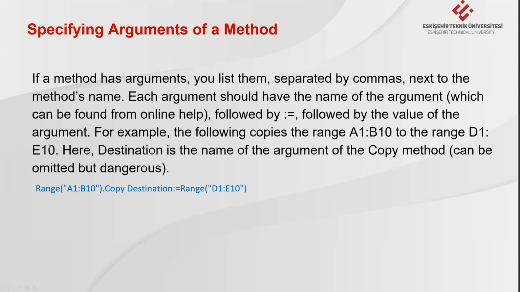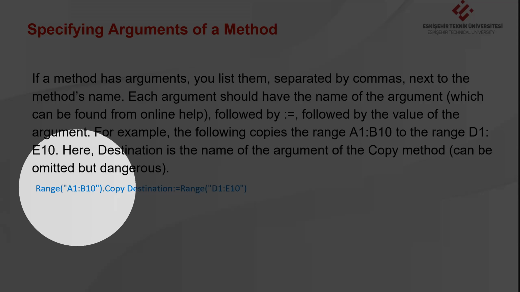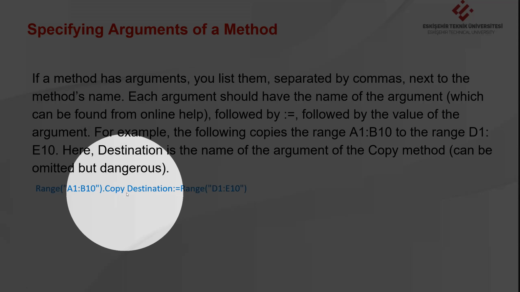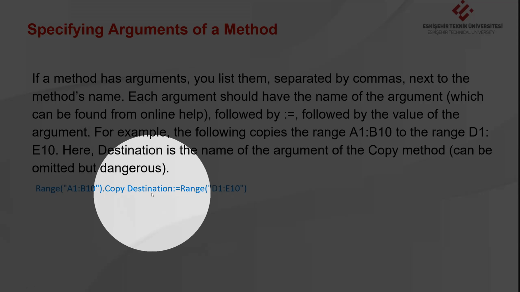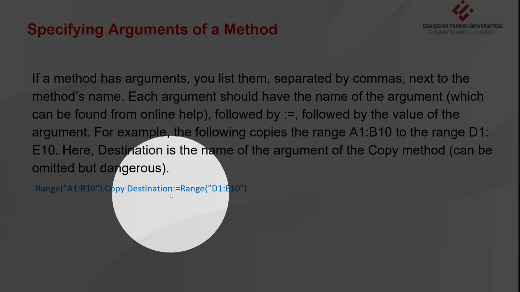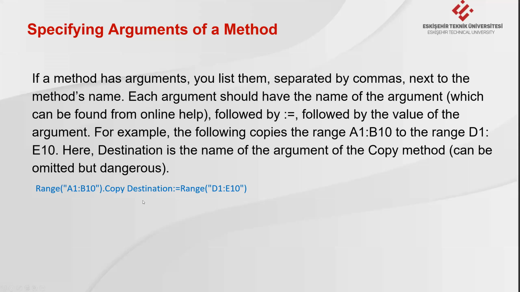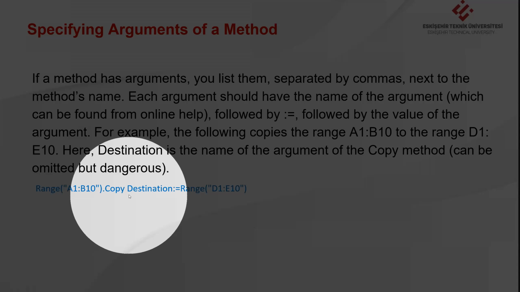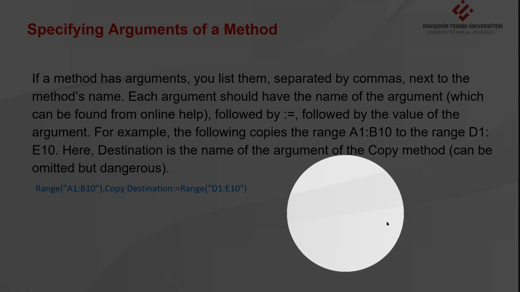Here, Destination is the name of the argument of the Copy method. So we have a Range object, we have a Copy method, and it has a parameter Destination. We indicate Destination as Range D1 to D10, and please notice that there's a space in here. If you have more parameters, you can add them to here.